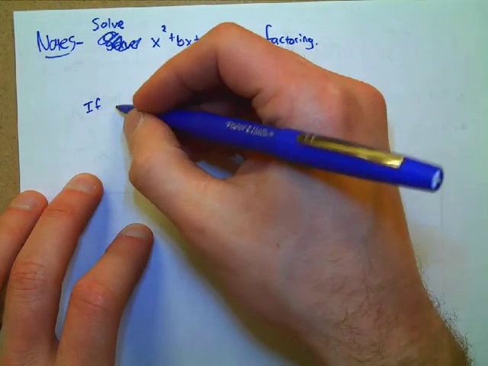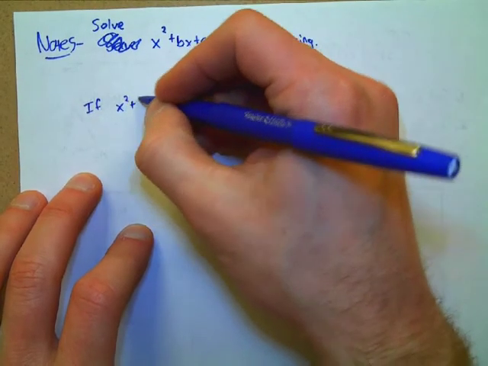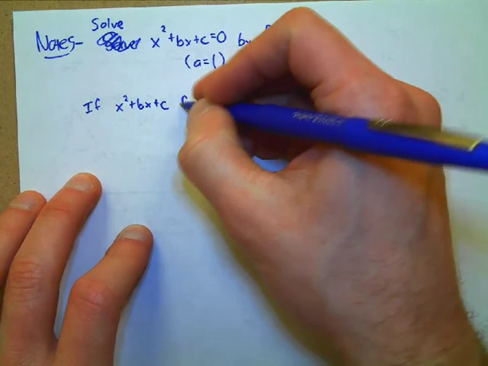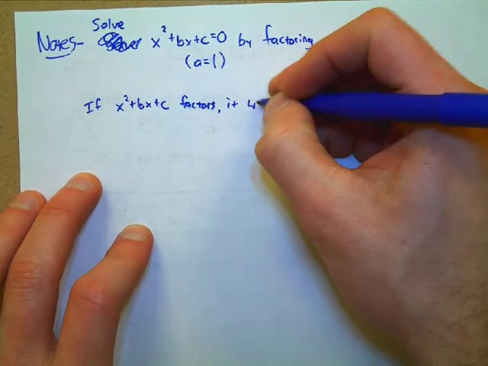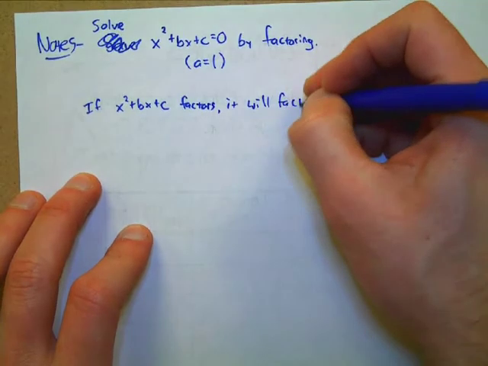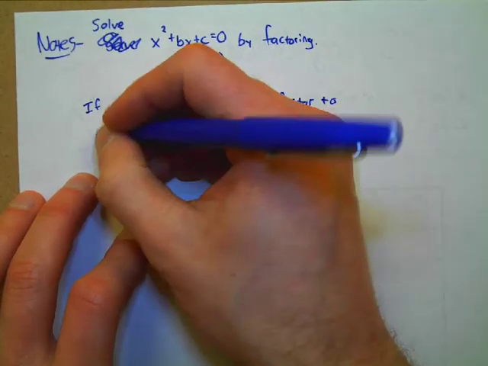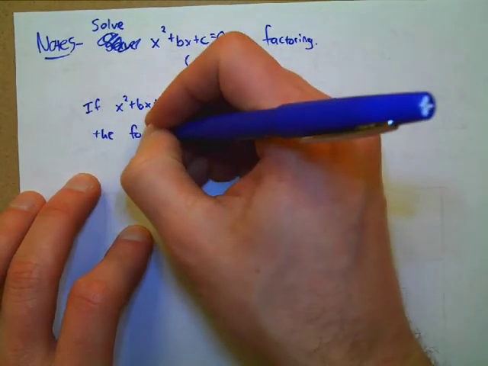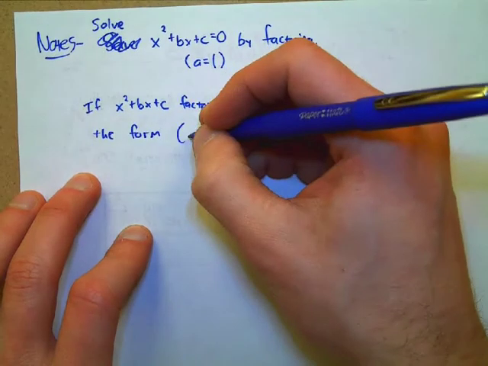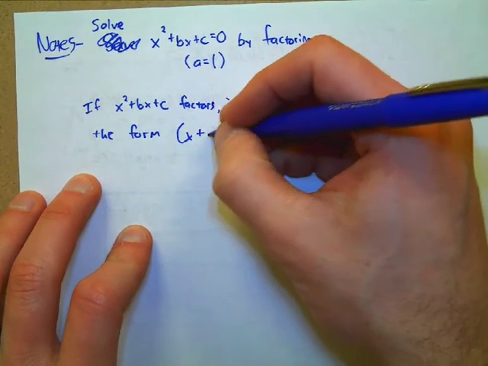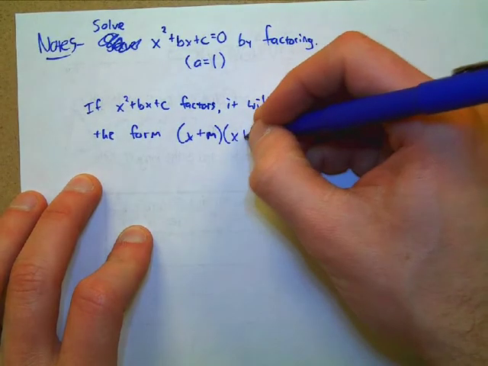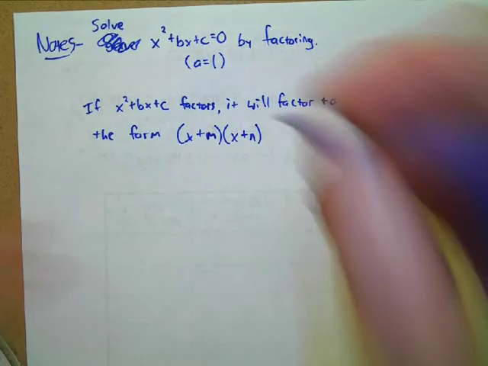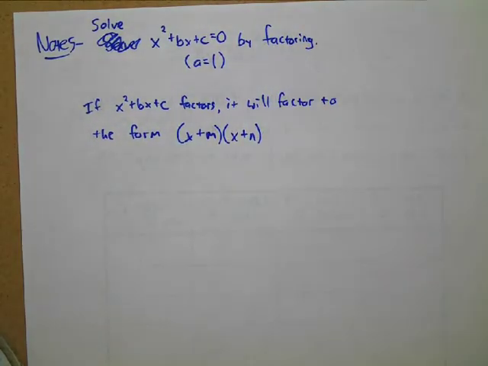If x squared plus bx plus c factors, it will factor to the form x plus m times x plus n.